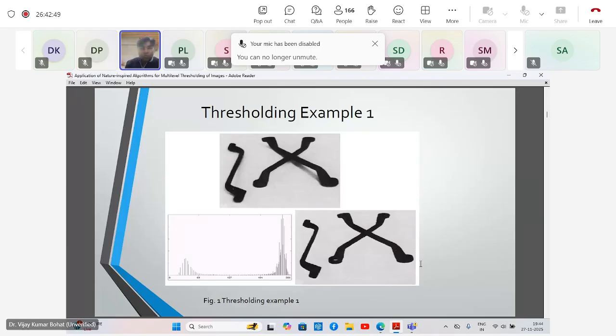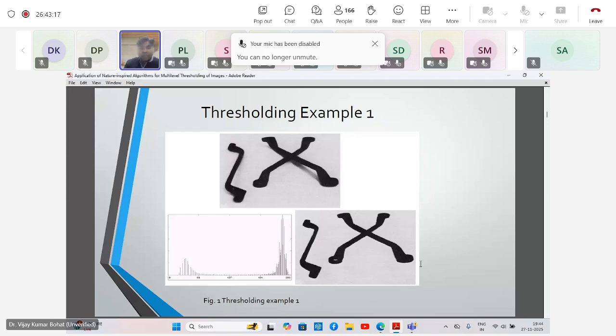We can easily find the appropriate threshold in the histogram. The appropriate threshold to separate foreground and background into 2 parts is in the middle of the histogram. If I take the value of t approximately equal to 127 or 128, the resultant image is like this, given in the lower side of figure 1.